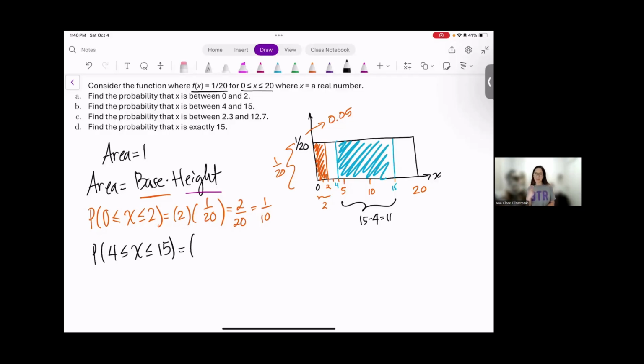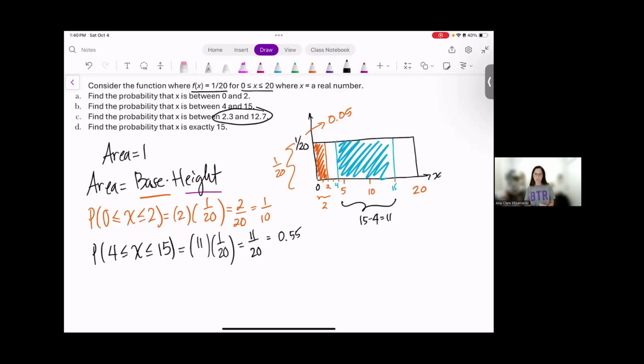So that distance is 11. So 11 times 1 over 20, which is the height still, height isn't changing, gives me 11 over 20. Or if I wanted it as a decimal, 0.55. So about 55%. So that chunk is about 55%, which means everything else is 45.